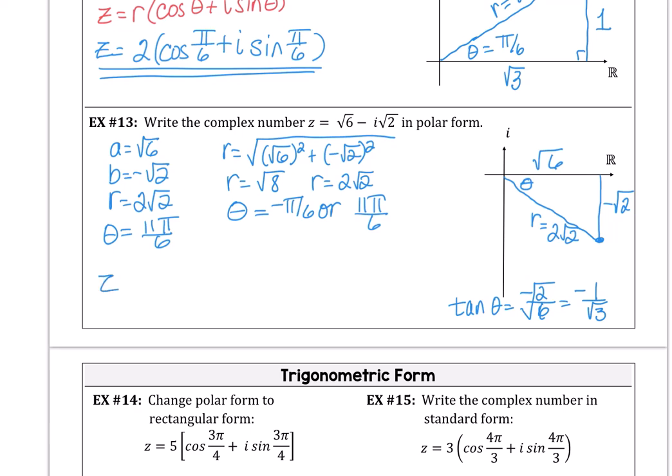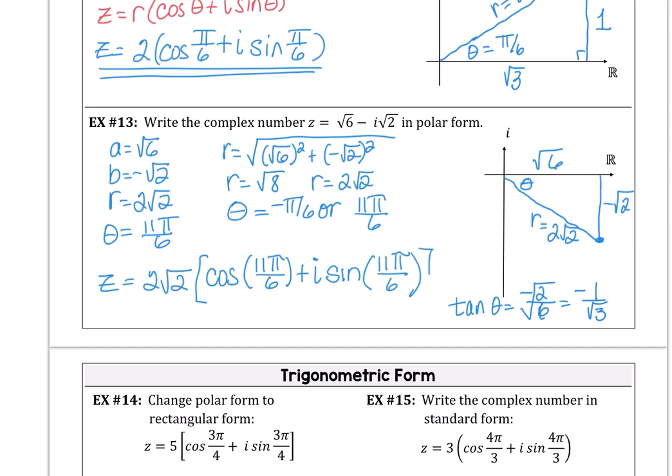So our polar form of this complex number is 2 square roots of 2 times the cosine of 11 pi over 6 plus i times the sine of 11 pi over 6. Polar form of a complex number, also called trigonometric form.